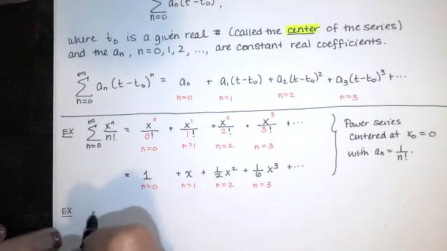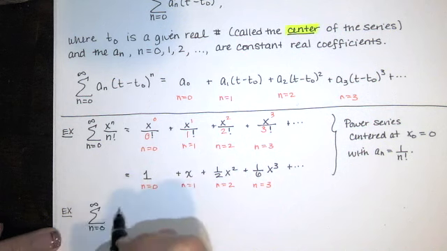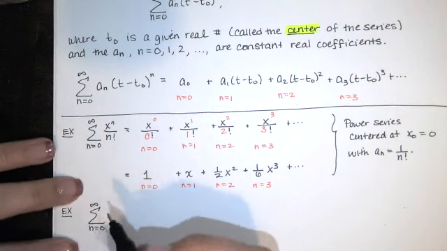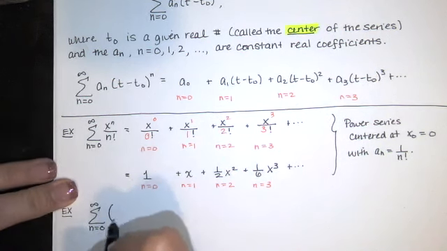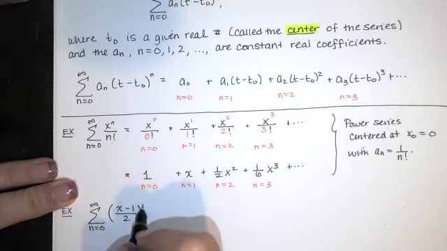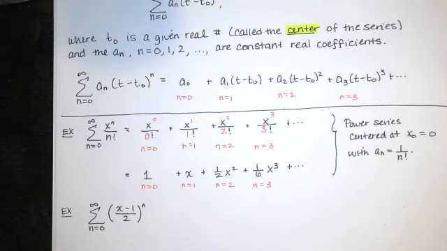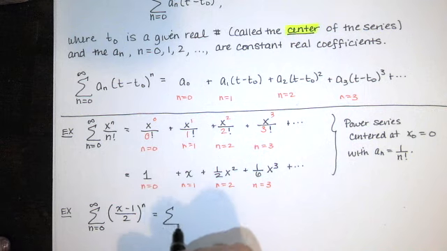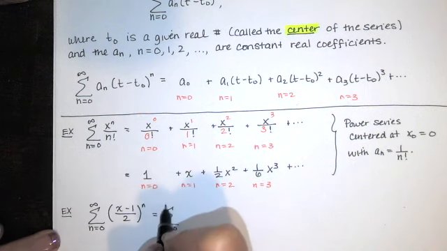Let's look at another one. Here I have the sum as n goes from 0 to infinity of x minus 1 over 2, all raised to the nth power. You don't have to do this.